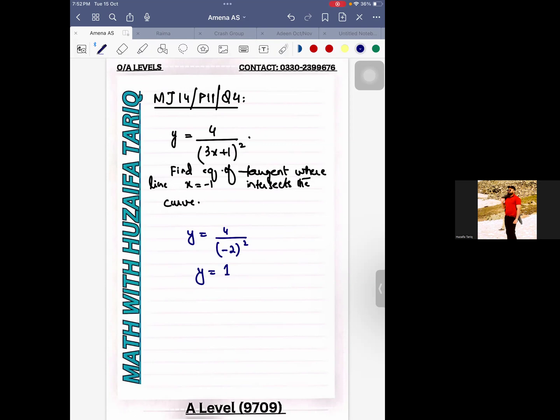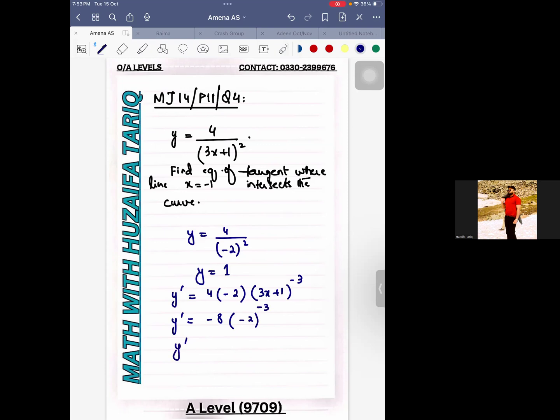So now in the next step, just differentiate the equation. So it will be 4 into -2 and (3x plus 1) to the power -3, and then y bar is equals -8. And when you substitute the value of x -1, it will be (-3 plus 1) that is -2 whole power -3.